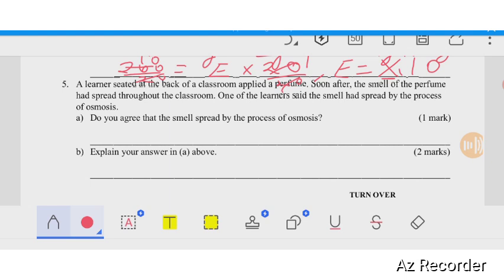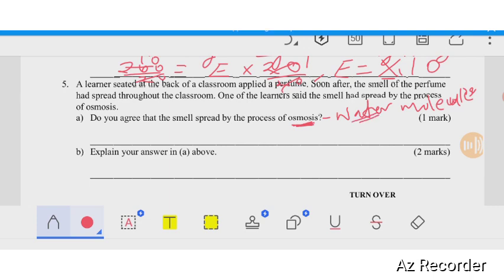First of all, osmosis always deals with water molecules. If they are not mentioning water molecules anywhere, never at any given point say the process is osmosis.